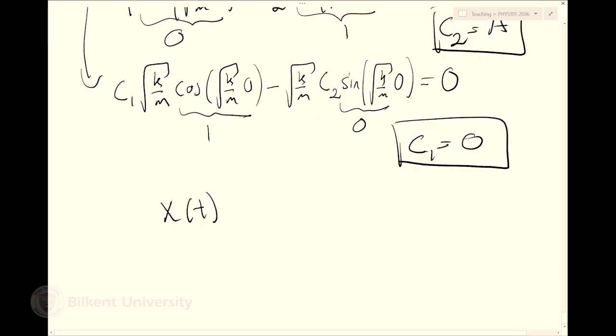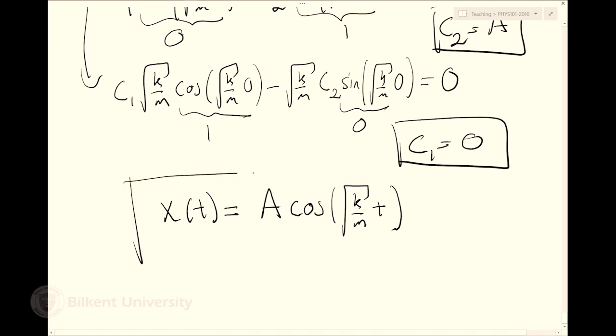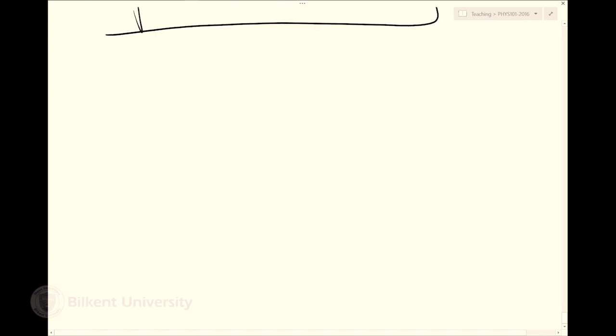Oh, that's great. Now I've actually done what I wanted to do. I found x of t is a cosine square root of k over m times t. What does that look like as a function of time?